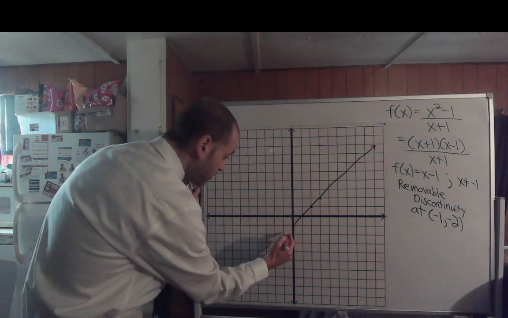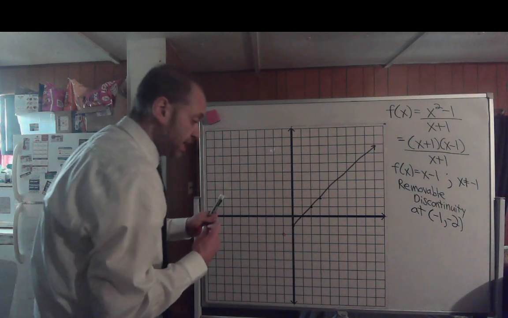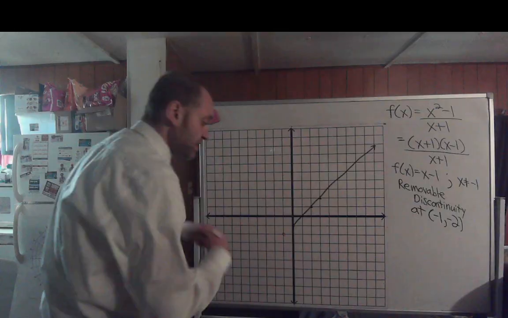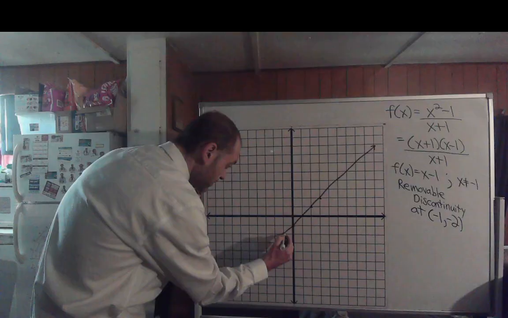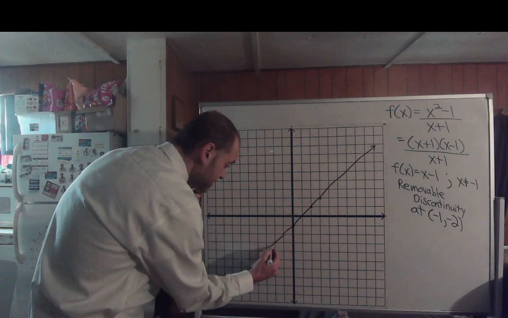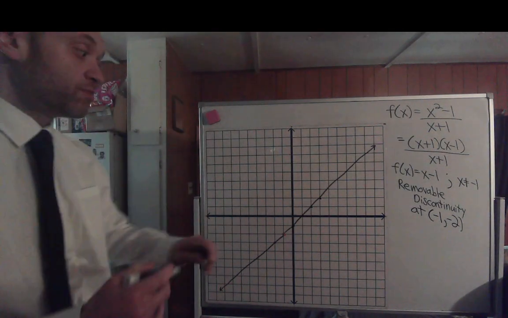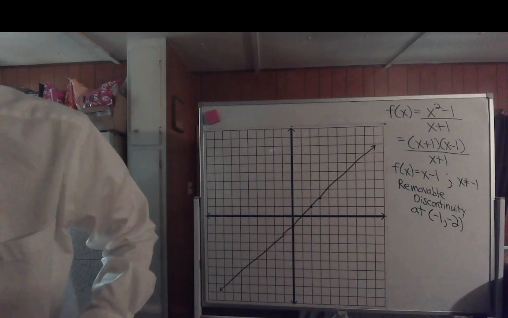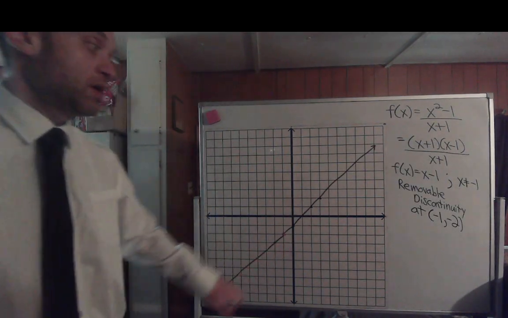At -1, -2, there is your removable discontinuity. I have a red circle there that's not filled in. But everywhere else around it's continuous, except for literally at that point -1, -2. That indicates a removable discontinuity there.